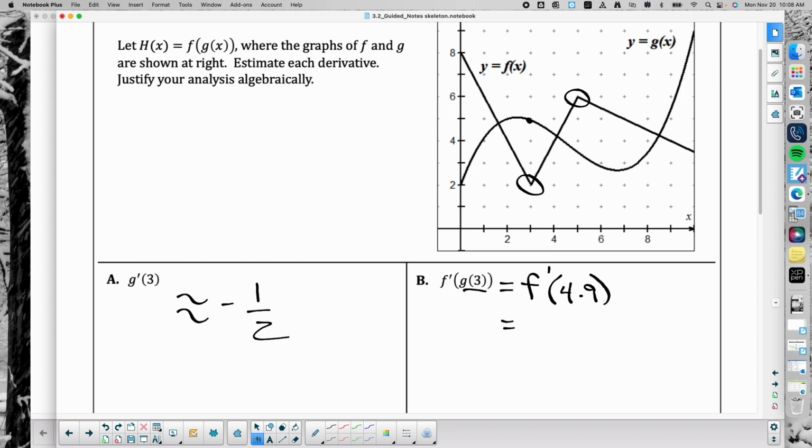F prime of 4.9 means I need to, actually that was definitely on purpose. If we were asked to find F prime of 5, we'd have no answer. But because that was right below 5, this answer's right before 5, which is asking me for the slope right there. And I have no idea what that is. 1, 2, 3, 4, 2.